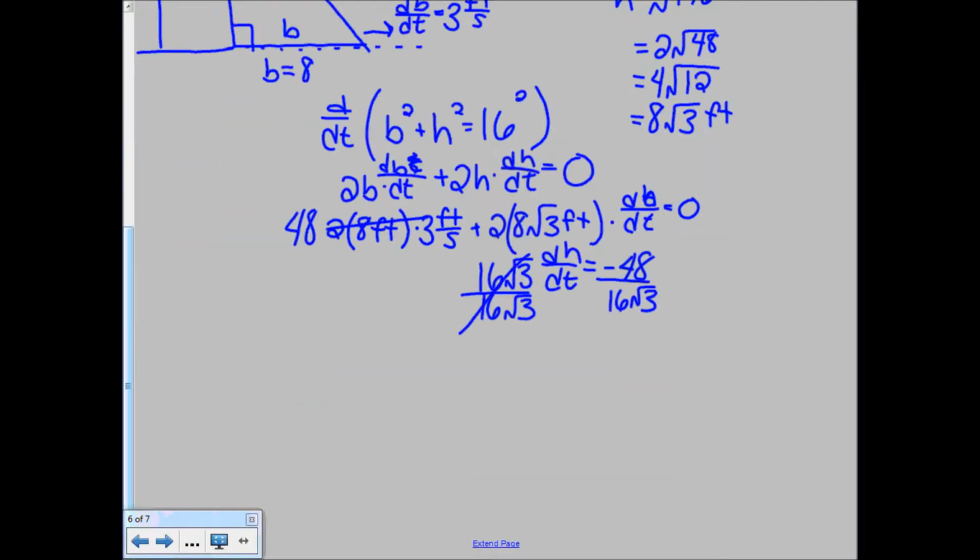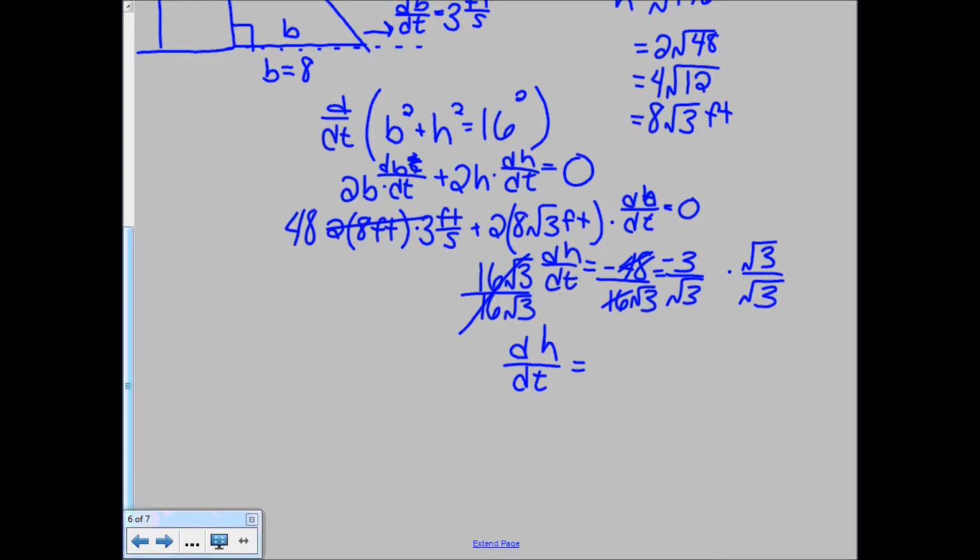Okay, so these will cancel with each other, and we're going to get that dh/dt is equal to negative 48 over 16. Well, 16 is a factor of 48, so we can reduce this to negative 3 over root 3, which we don't want to leave our radical in the bottom, so we can rationalize this by multiplying the top and bottom by root 3 over 3.